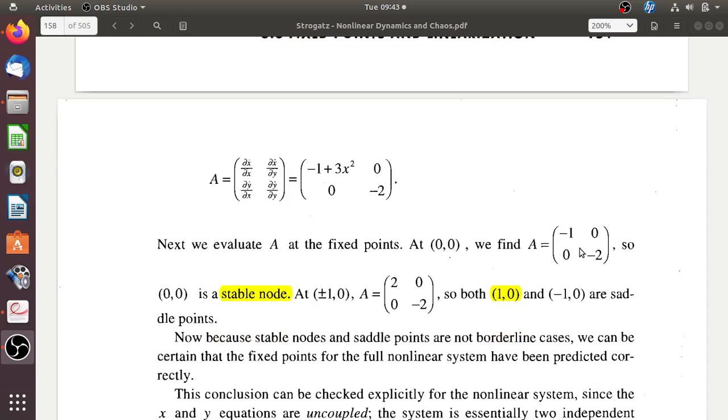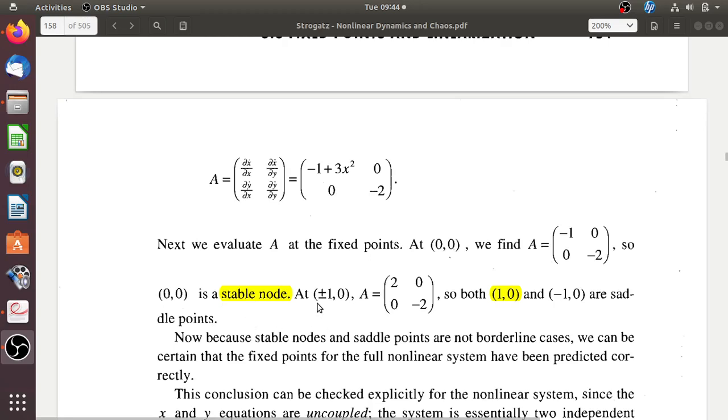If you identify the trace and determinant, we can easily say that it's a stable node. So that's one fixed point which we have classified.